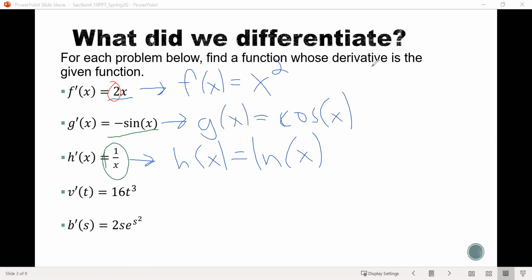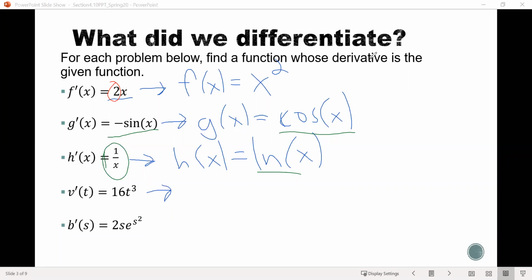On these last two, notice that we've relied on knowledge of specific derivatives of particular functions. The first one we had to use a derivative of one of our trig functions, and this one we had to remember that ln of x has the special derivative 1 over x. So that's some of what you do on these ones.